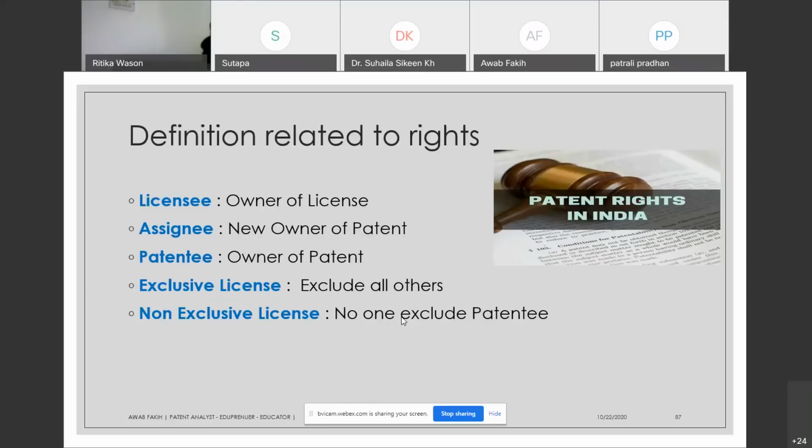What do we mean by exclusive license? Exclusive license means, for example, if this particular license is given to team B, to Awab and Dr. Ritika, their company can only manufacture, their company can only license, and so on. Everything will be done by the company. There will be no intervention at all.